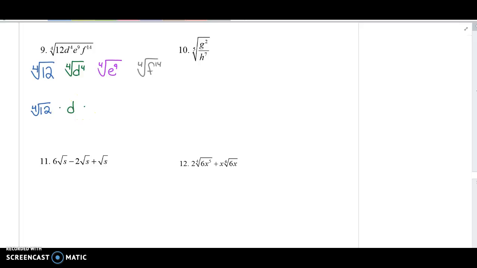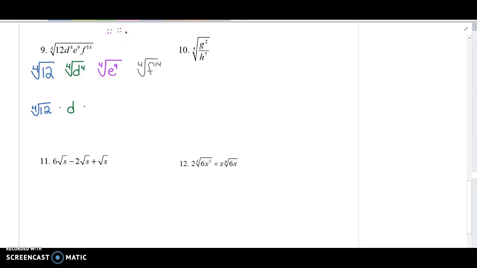4th root of e to the 9th. Some of you can picture division with remainders fairly easily. So 9 divided by 4, you can even try that in your calculator. 9 divided by 4 is going to be 2. There's 2 groups of 4 with 1 left over. Or if you like dots, 1, 2, 3, 4, there's 1 group of 4.